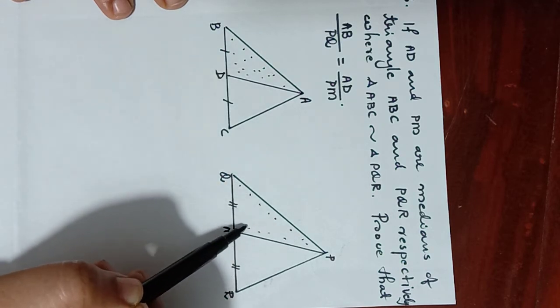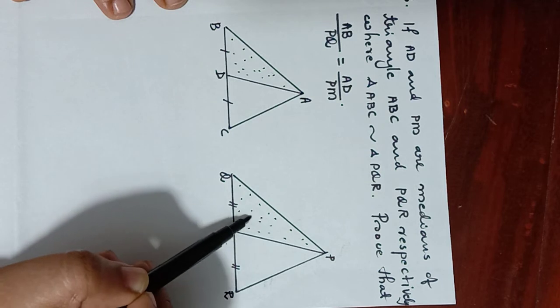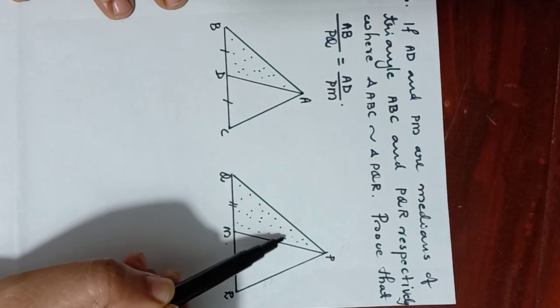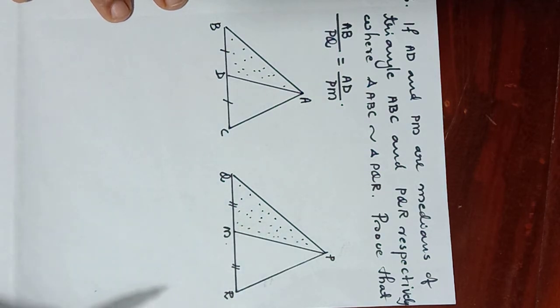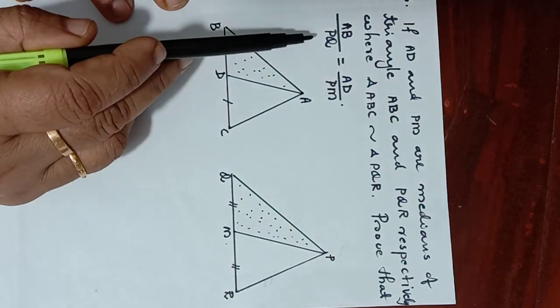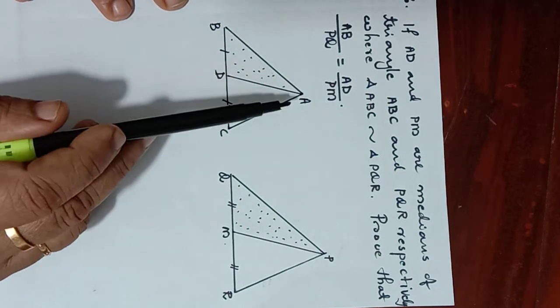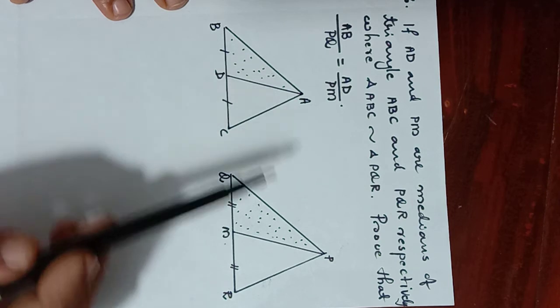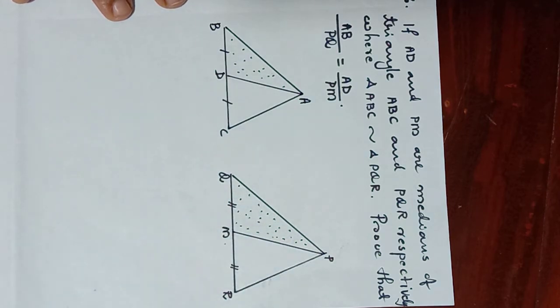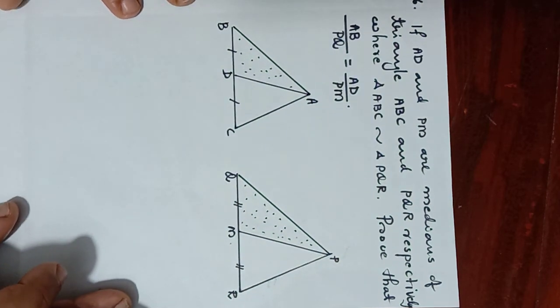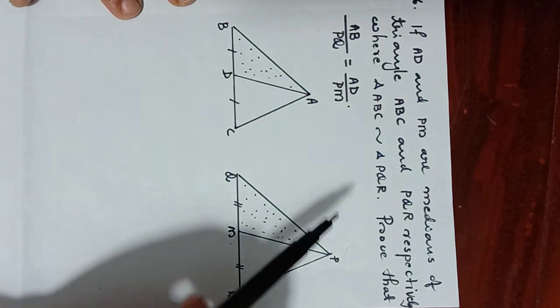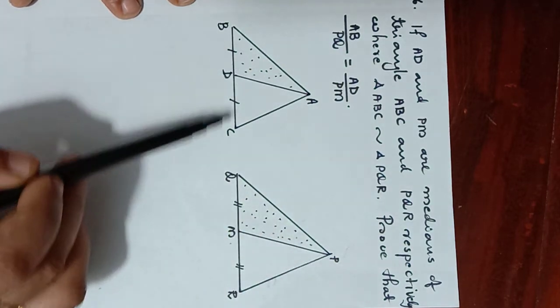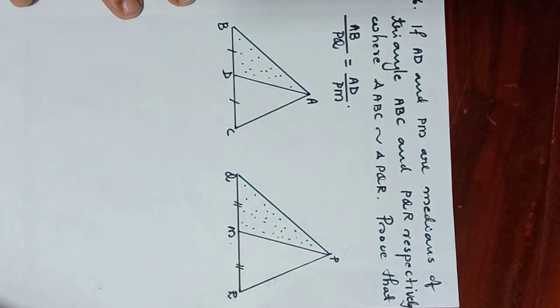These two triangles are similar, we have to prove. As I told you, if two triangles are similar, corresponding sides are proportional. This proportionality we can show only when triangle ADB is similar to triangle PMQ. For proving the similarity, this is the clue given to us. Triangle ABC is similar to triangle PQR.